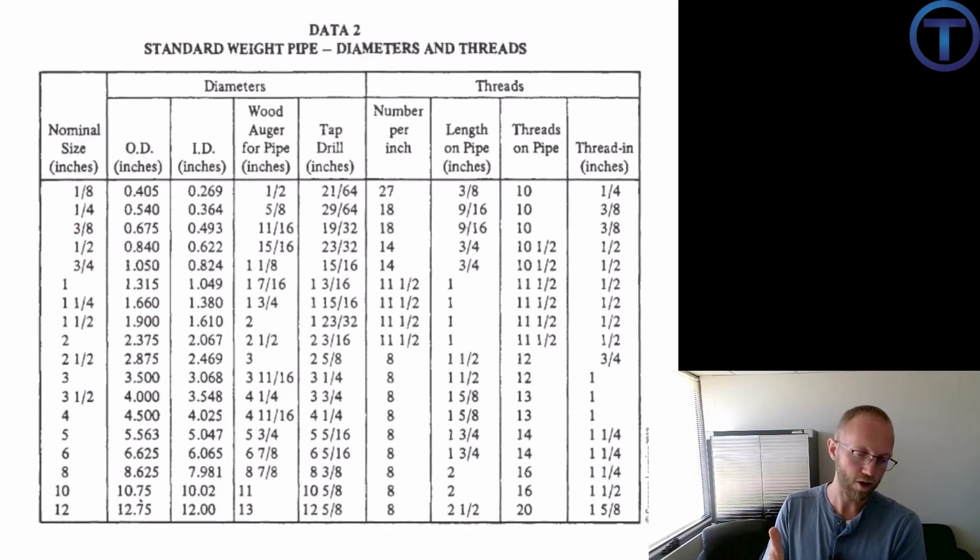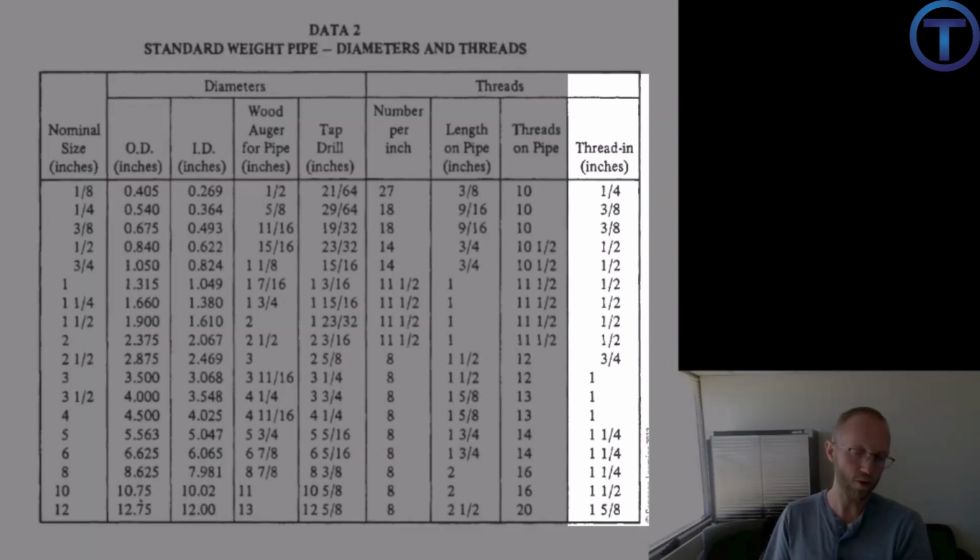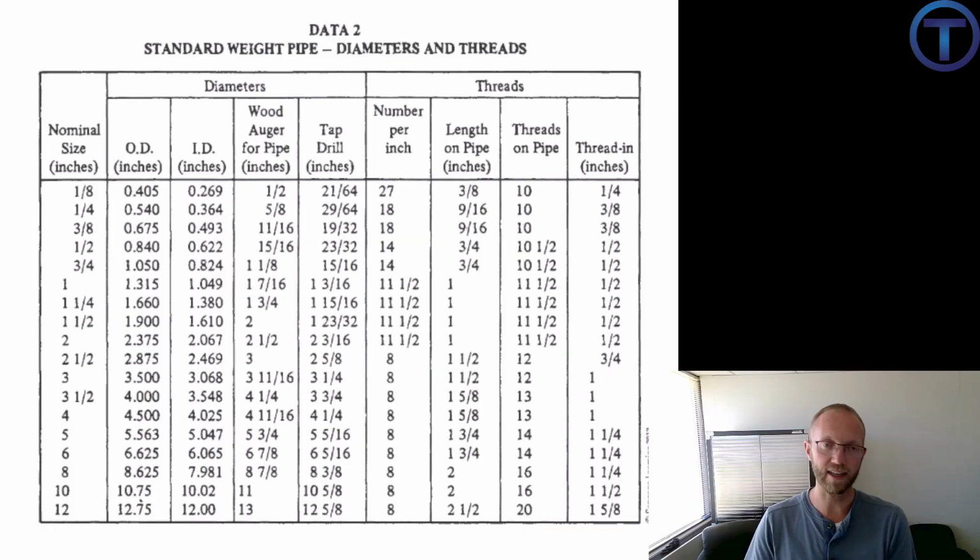We also have a column giving us information on the threads on the pipe. This means how many times the threader will turn before a thread is complete. Finally, we have thread engagement, and this refers to how much of the pipe end will be inside of the fitting.